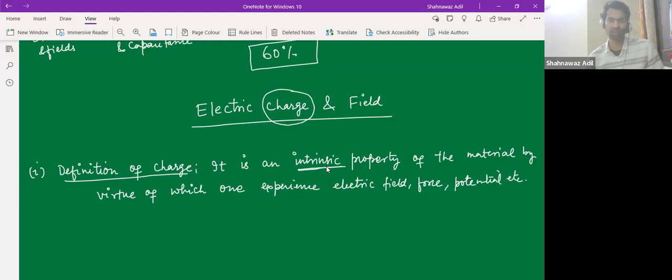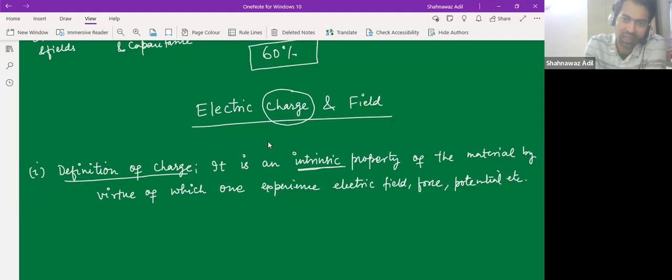Mass, because every object has mass. Yeah, so mass is also an intrinsic property, right? Velocity and acceleration are extrinsic properties, but mass is an intrinsic property. These are the intrinsic properties of the material.